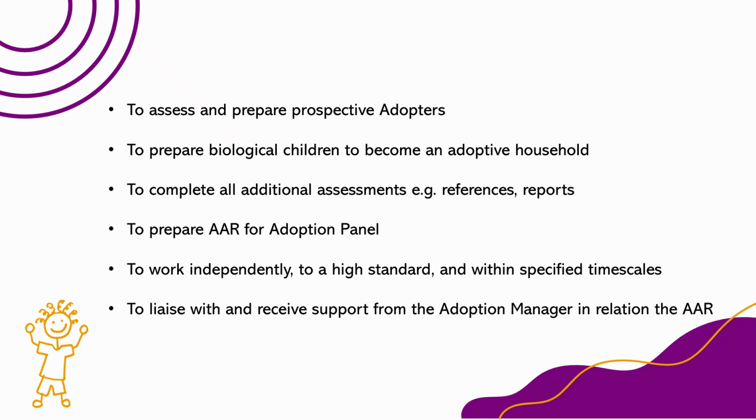Well, they are to assess and prepare prospective adopters, to prepare biological children to become an adoptive household, to complete all additional references and also reports, to prepare the Adoption Assessment Report for adoption panel, to work independently to a high standard and within specified timescales, and they will be liaising with and receiving support from the adoption manager in relation to completing the adoption assessment report.